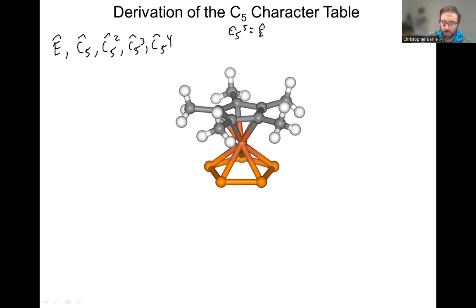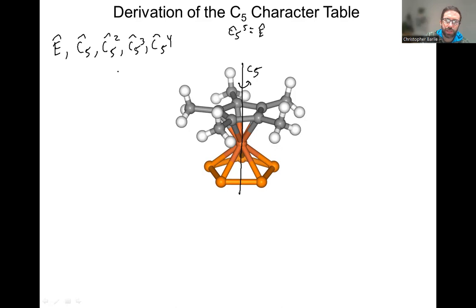And here's an example of a molecule. Not a common one, but there's going to be that C5 principal rotation axis, really your only rotation axis, and then you just have 4 different rotations. Now, all 5 of these operations are going to be in separate classes.